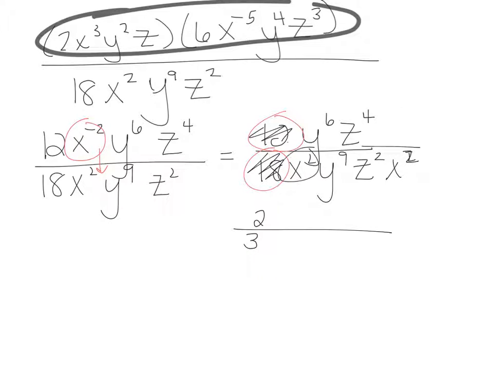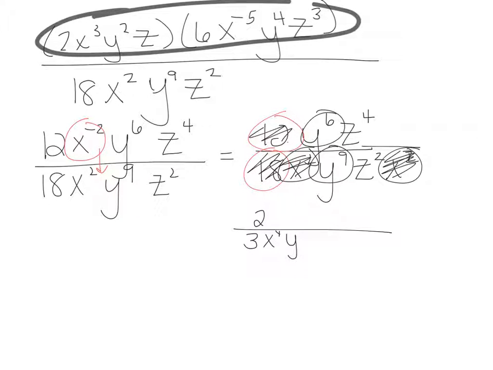Look at my x's. I always go in ABC order, it just makes my life easier. I usually do x first as well, because I like x the best. Notice my x's. Are they on the same side or opposite sides? They're on the same side. So what do I do with the exponents? I add them. Cross out, cross out. Now look at my y's. They're on opposite sides. Where's the bigger y?